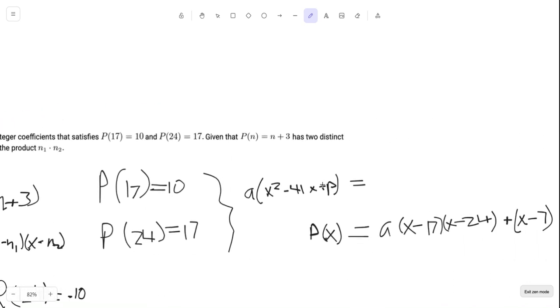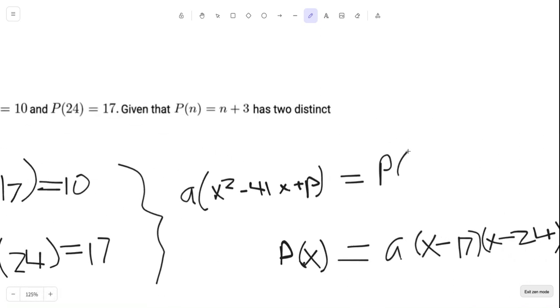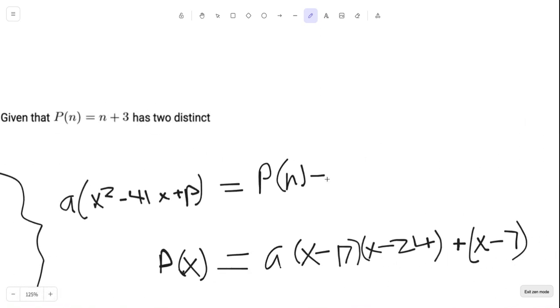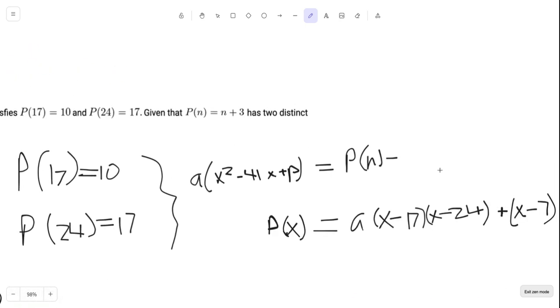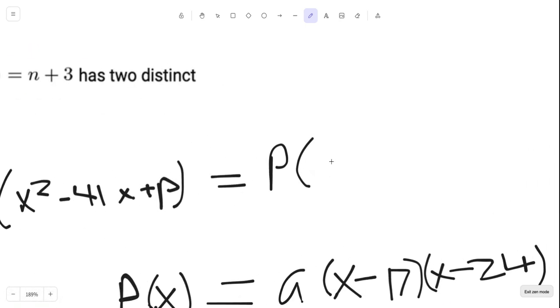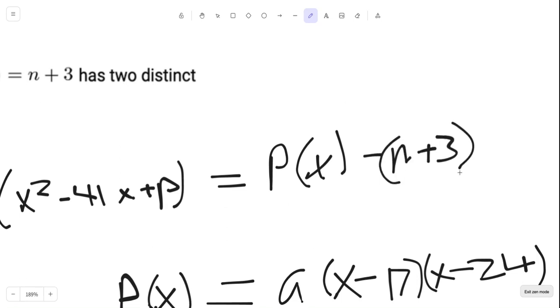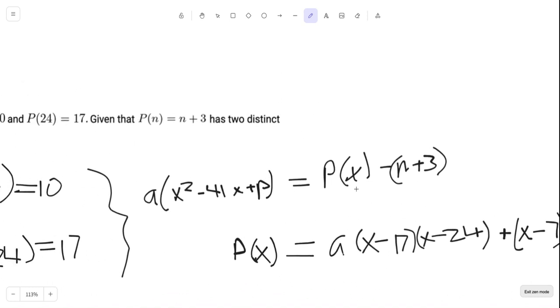This is equal to p of x minus n plus 3. So how do we simplify this?